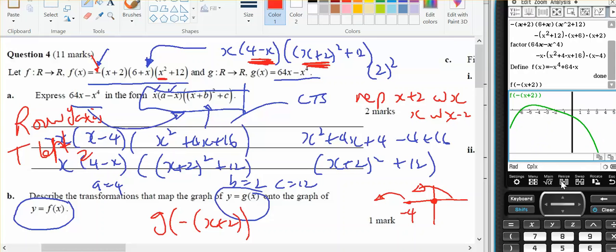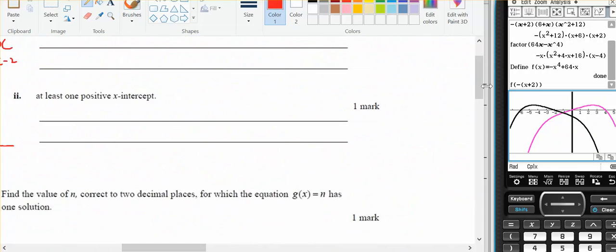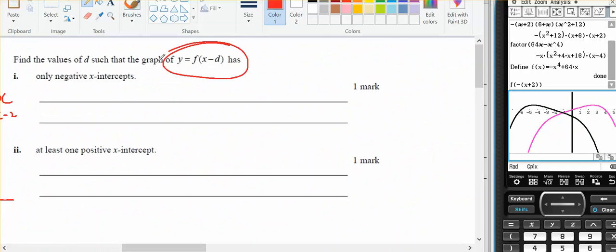And it did. It sits directly on top of this curve, which is this curve, and there it is. So these are my 2 transformations. Okay. The next part of the question gives me this.